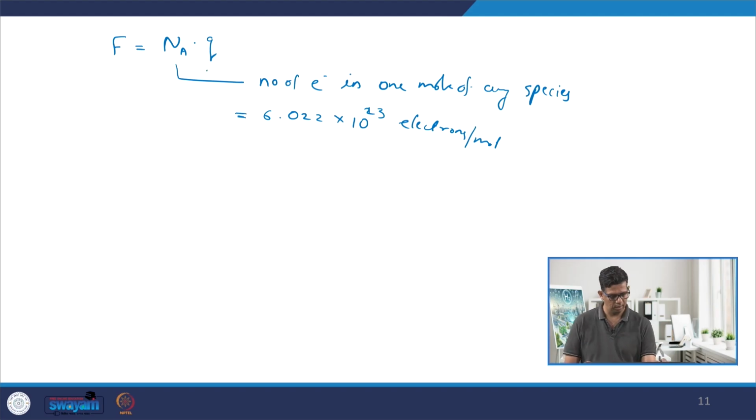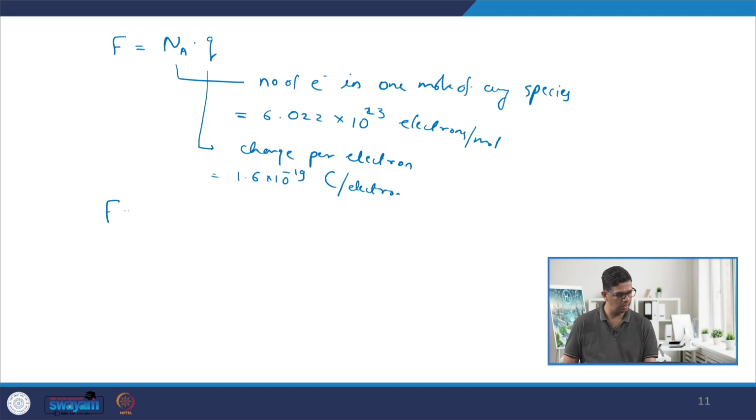And what is this q? q is the charge per electron, and that is 1.6 into 10 to the power minus 19 coulomb per electron. So let us find out what your Faraday's constant is. It is basically the product of these two numbers. I am not going to substitute it, but if we multiply these two, we get this magic number, 96,485 coulombs per mole.